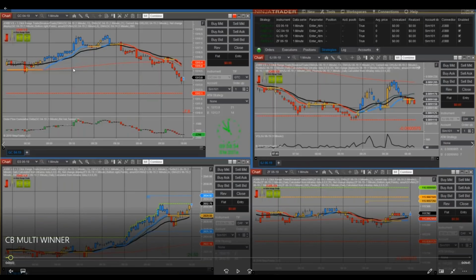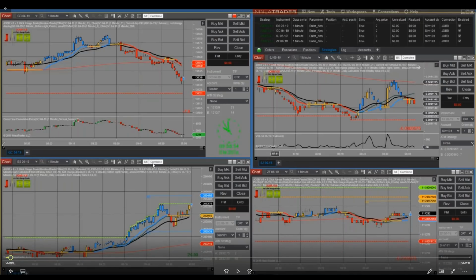Ninja Trader 8 has a fantastic feature. It lets you trade multiple instruments in the same account at the same time on the same screen, unlike Ninja Trader 7, which needs 2 charts for a system trade.